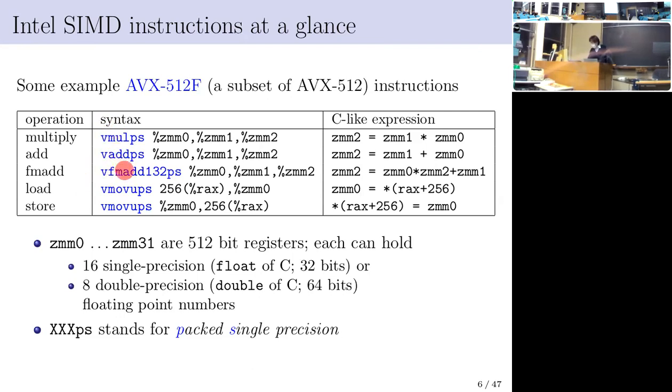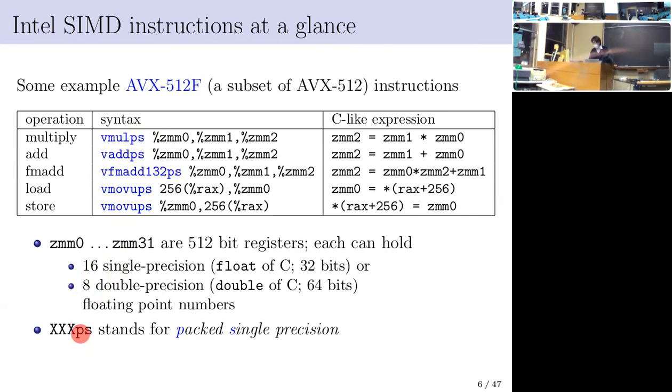And so one point about these somewhat mysterious instruction names is that the last two characters are actually important. All these instructions have PS in common in the last two characters, right?